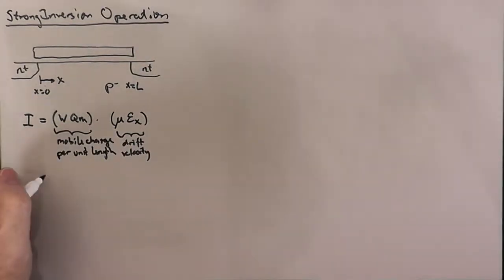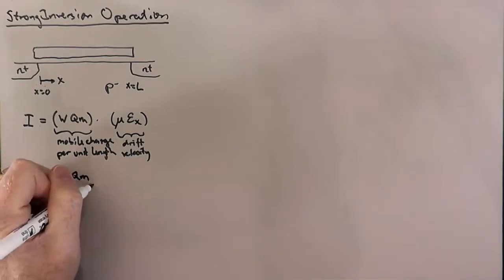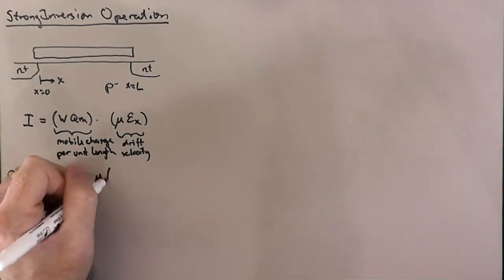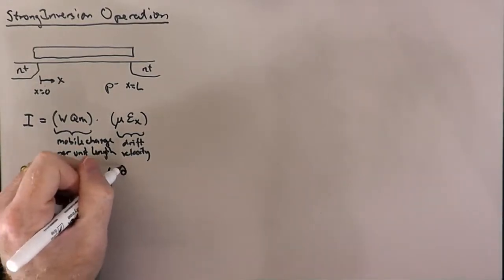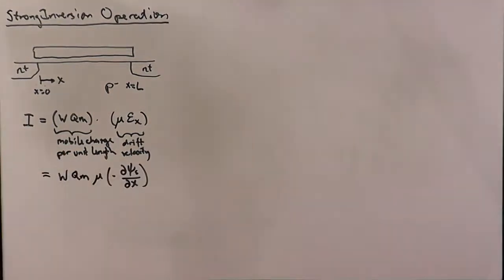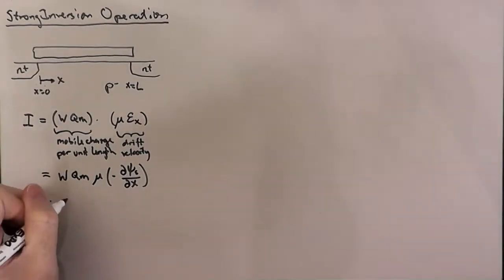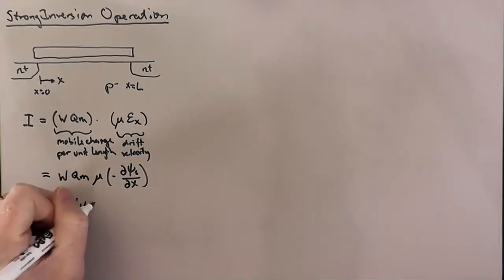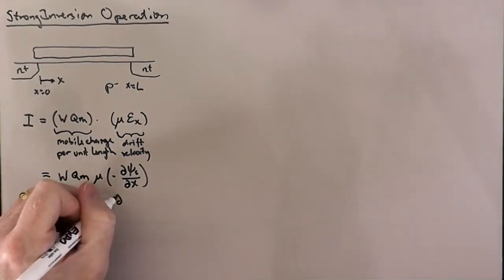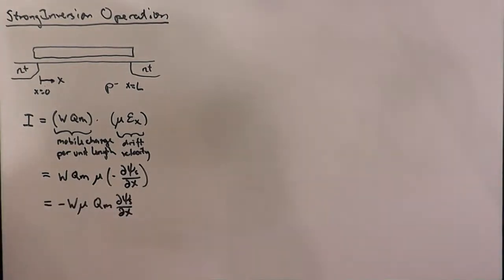And if you recall our basic electrostatic relationships, we can re-express the electric field parallel to the channel in the x direction as the negative gradient of the surface potential, d psi s dx. And so collecting this up, we can rewrite this as minus W mu Qm d psi s dx. Now, we're going to have to do something.